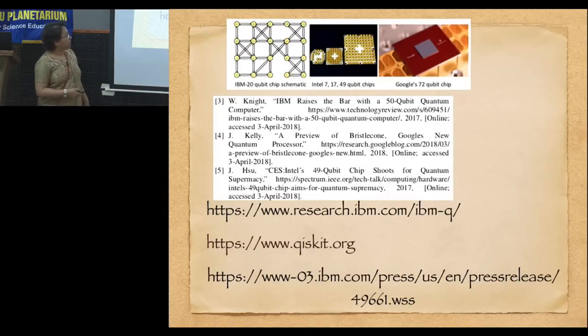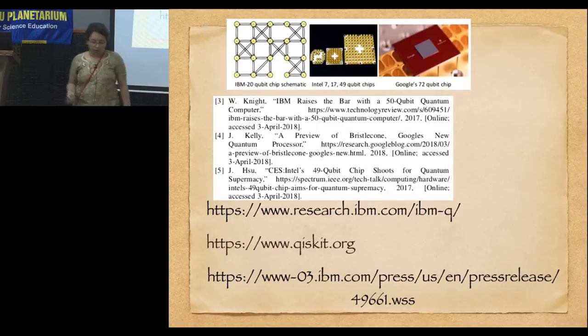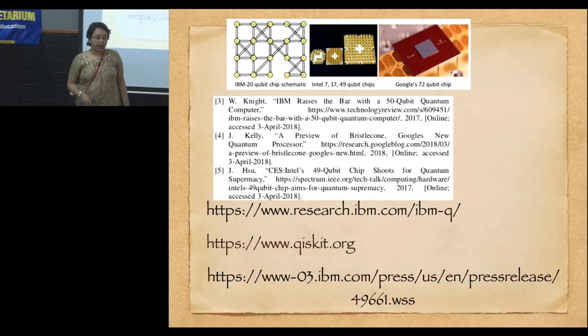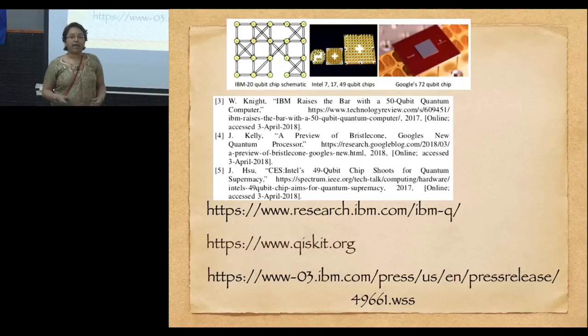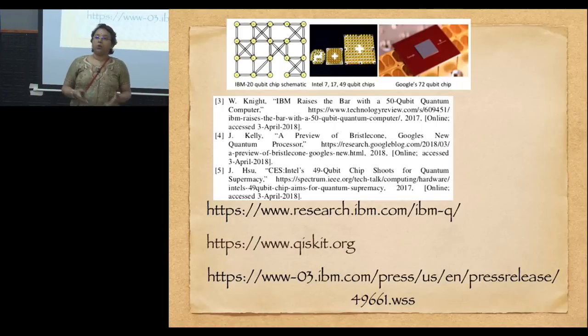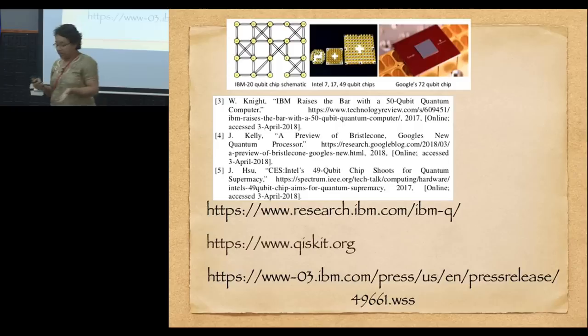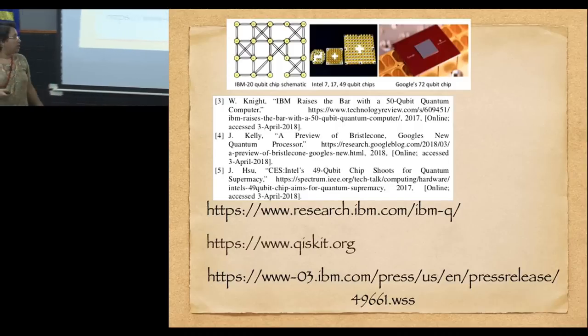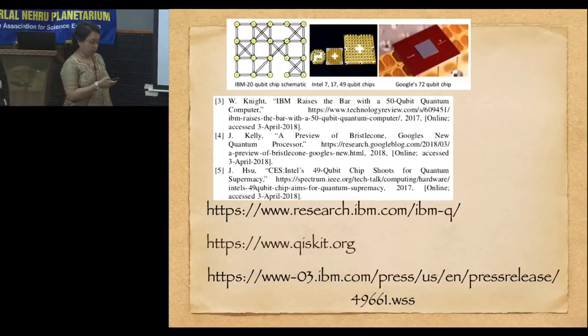And if you are interested, you can find lots of websites; there is also an IBM quantum computer available on the internet, where you can run certain programs and implement certain algorithms if you wish. That's a 16-qubit quantum computer.